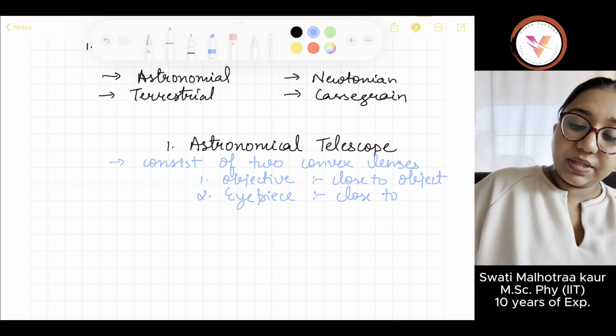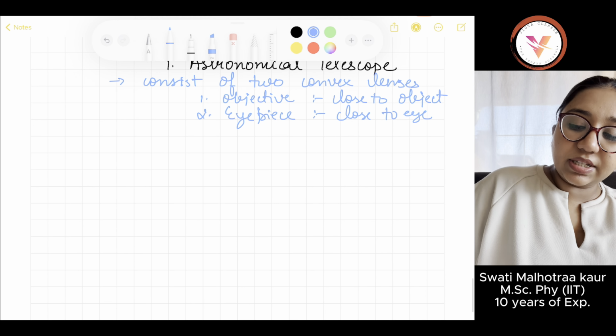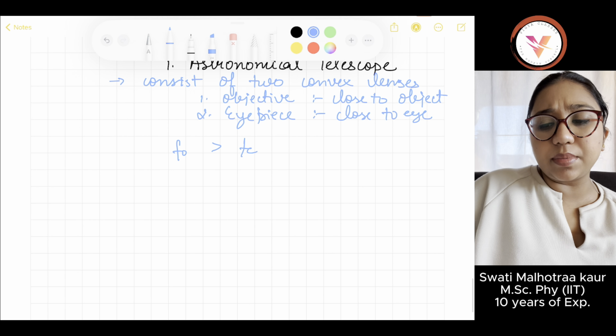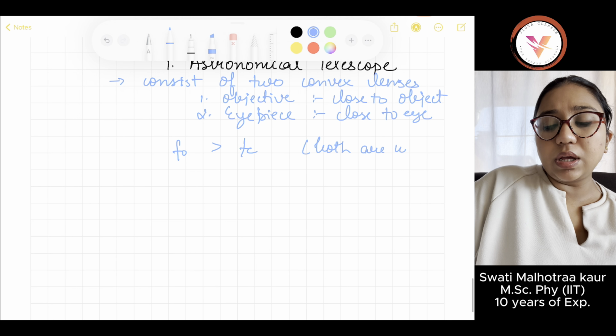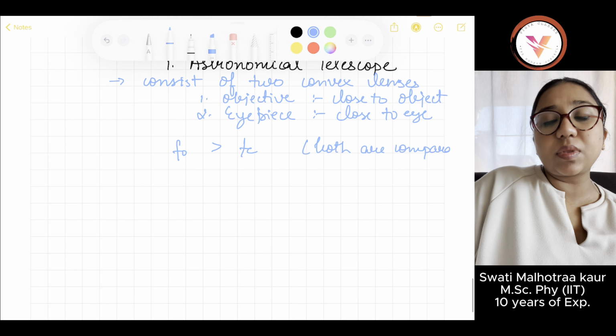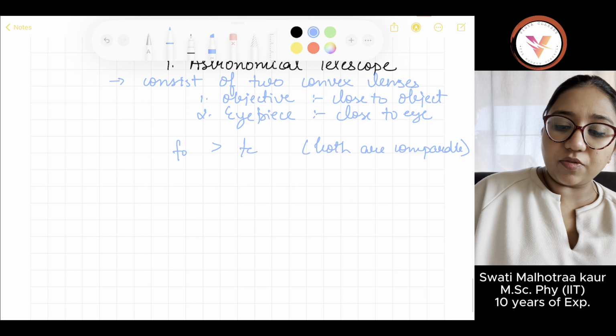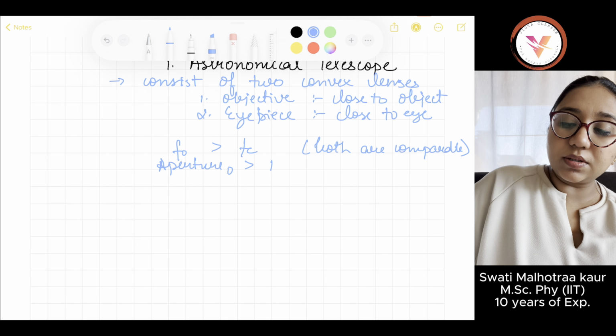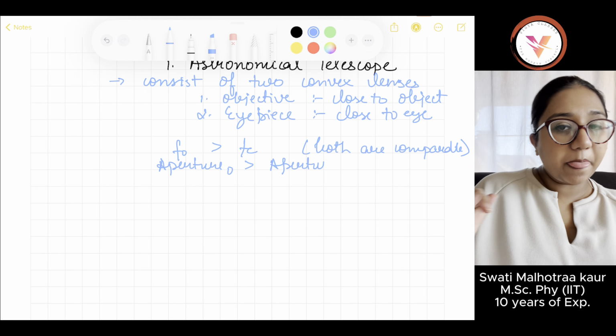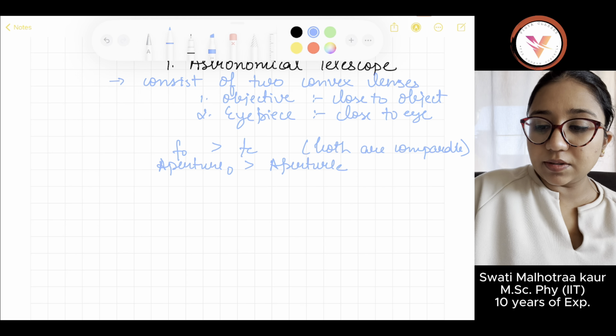Here, basically the focal length of objective is greater than eyepiece, but both are comparable. They are not very small, unlike the microscope one. And also the aperture of objective is greater than eyepiece. Okay, so just remember that.